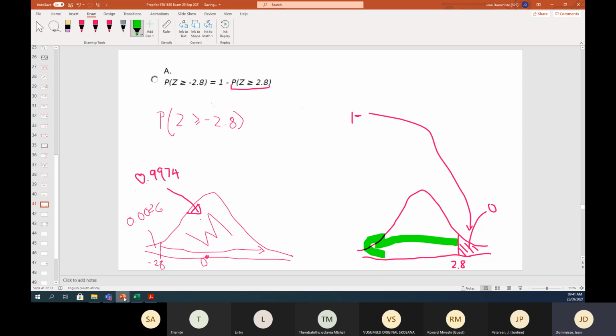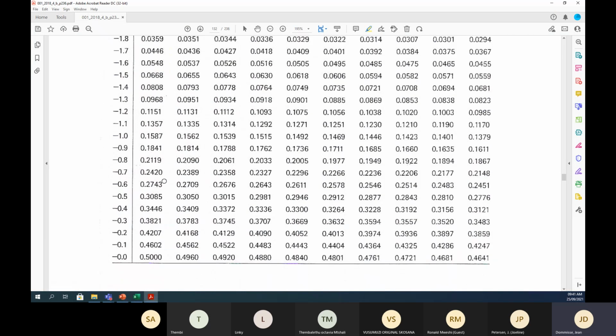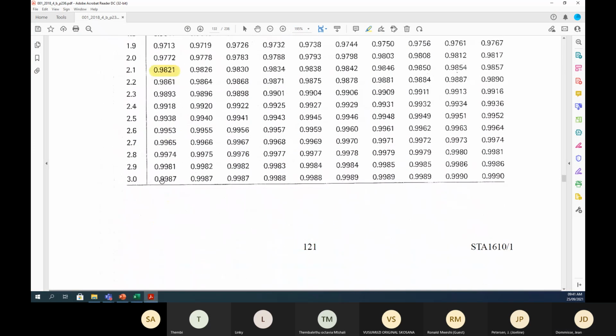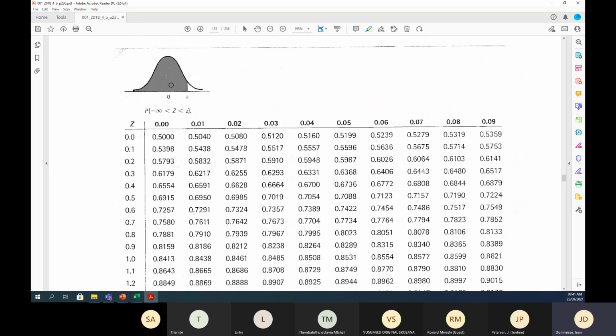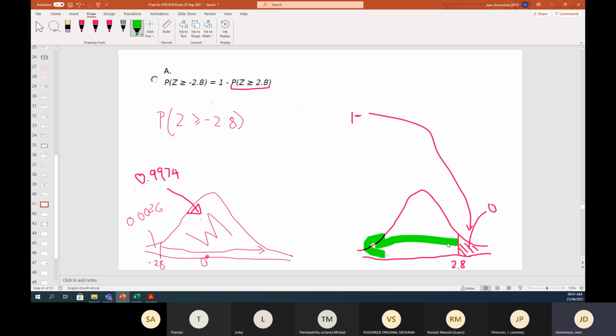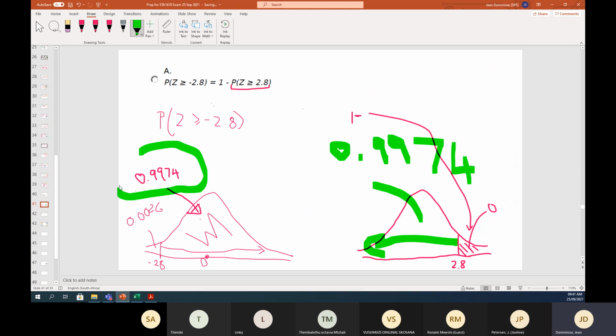So then I can go to the positive table of 2.8, and I see 0.9974. Look at how it's graphed: everything up until that 2.8 is 0.9974, which is exactly the same as that part.